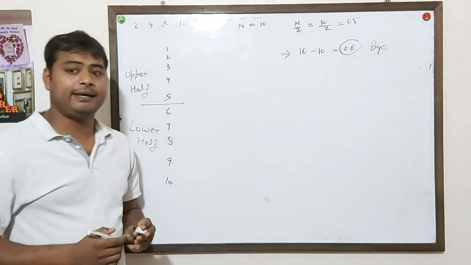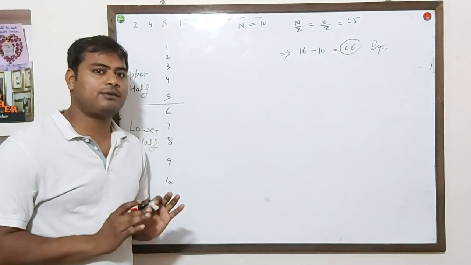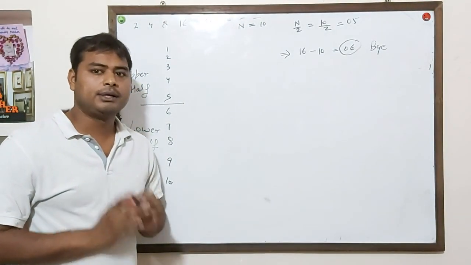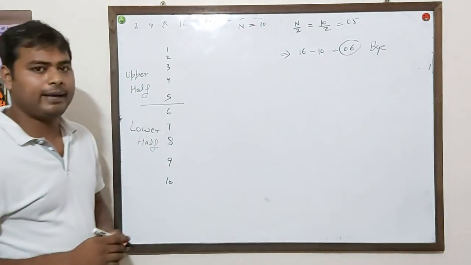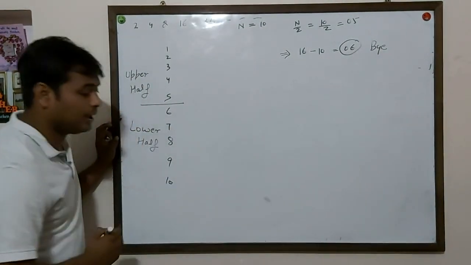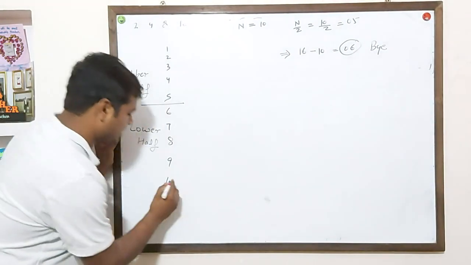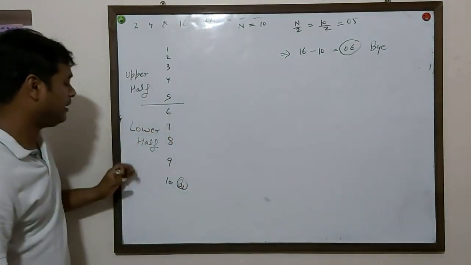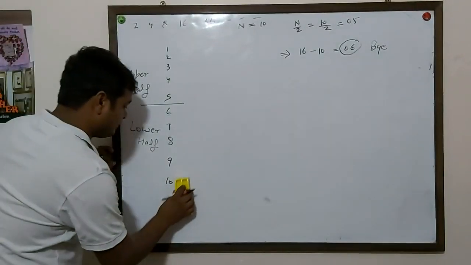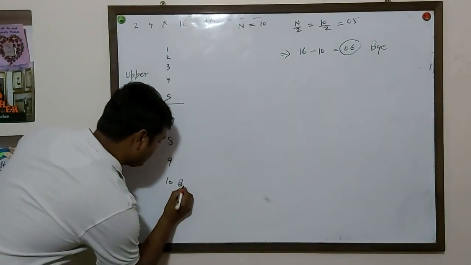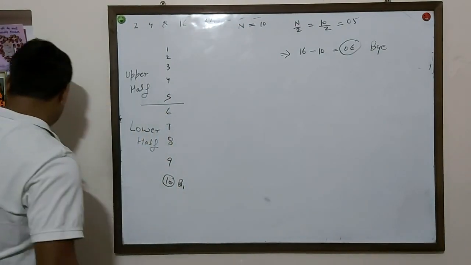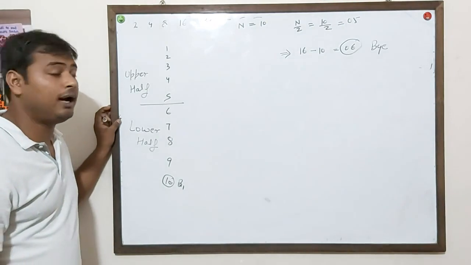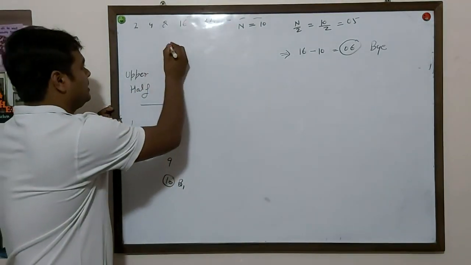For arranging byes, there is one universal formula which I am going to tell you. You keep it in your mind. The first bye is always given to the lower half lasting. If you have to give 1 bye, then of course you will give it to the lower half lasting. This is B1. The second bye is always given to the upper half firsting.